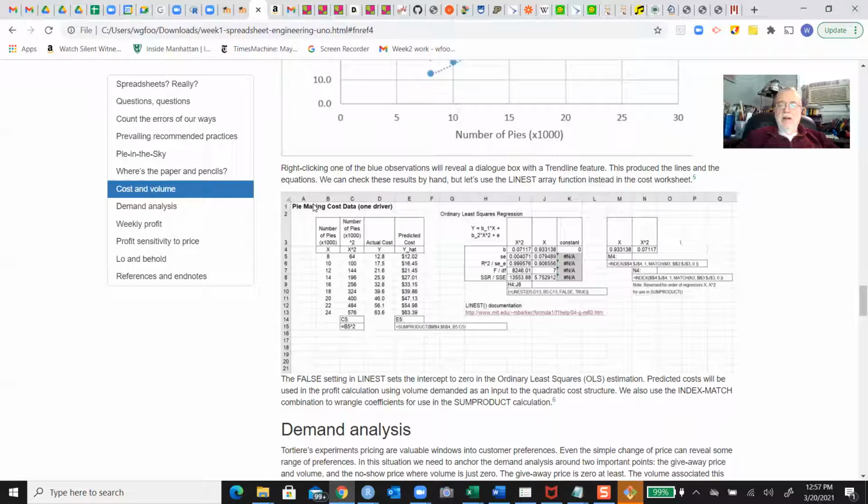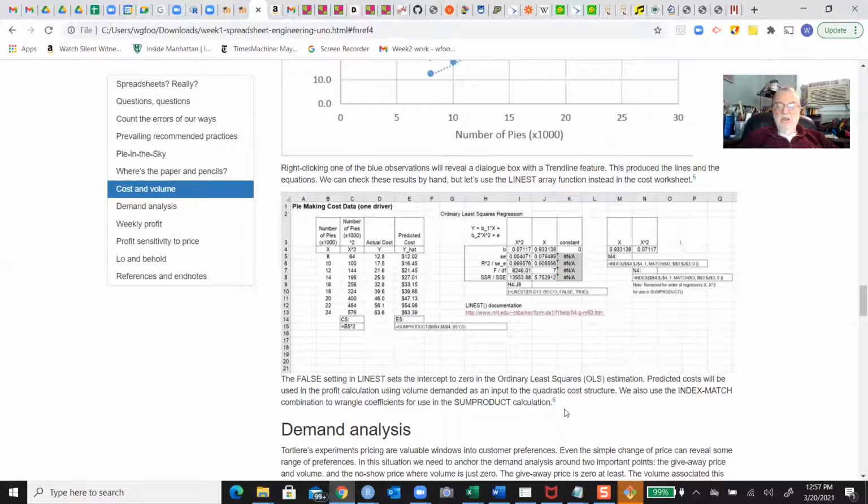Now notice that all of these pictures are going to start with row 1, column A. Here's the data. Here is the generation of the coefficients of this quadratic equation. It's very annoying the way LINEST works, and LINEST is an array function.